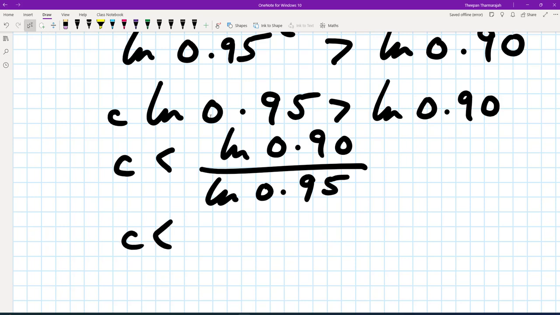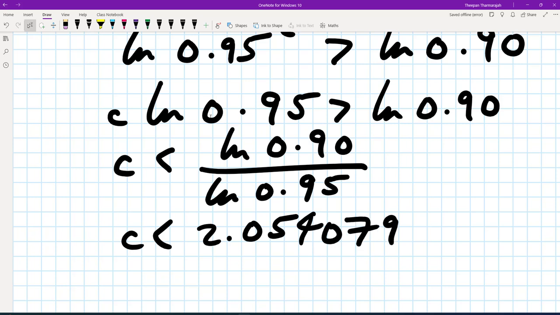Now using the CG50, ln 0.90 over ln 0.95 gives me 2.054079718.